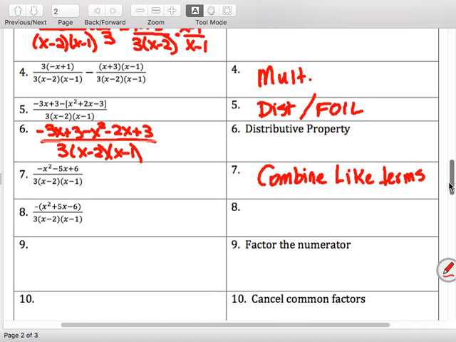All right, now 8. This one might be tricky, but what did I do? I factored a negative 1 out. Factor out the negative 1 in the numerator. Then step 9 says factor the numerator. That's x plus 6, x minus 1.